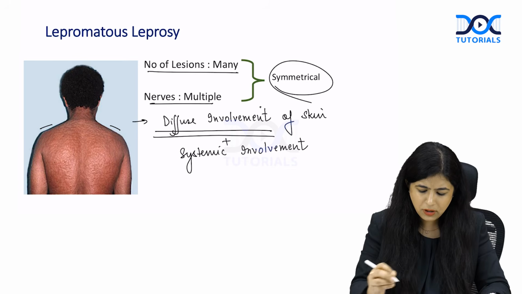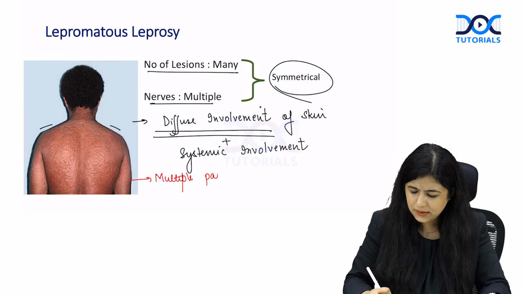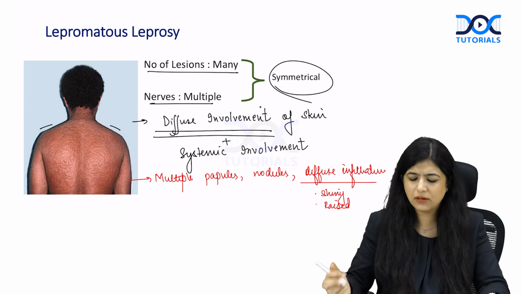When you look at the lesions, what do you see? Patient has multiple papules, nodules on the body, and there is a diffuse infiltration of the skin. Infiltration means the skin looks shiny. It is slightly raised, as you can see the patient.